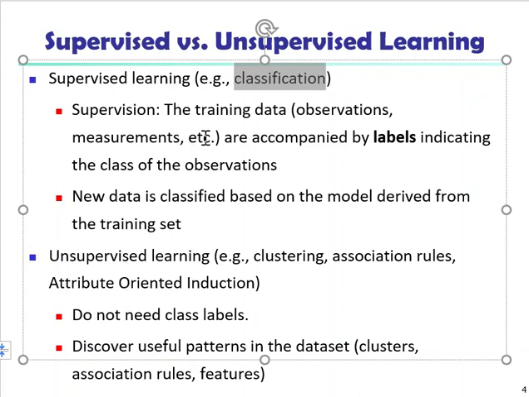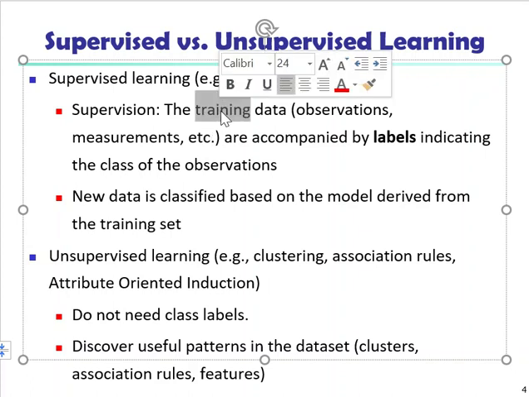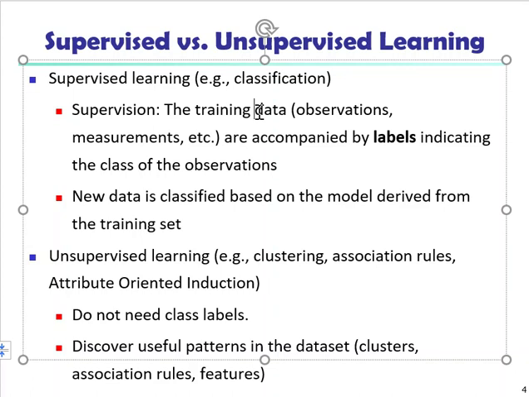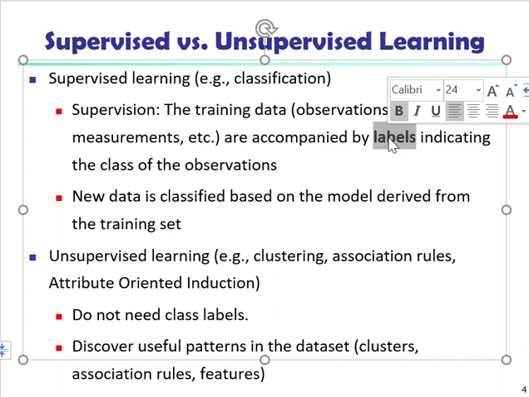So a lot of times in machine learning or data mining, the external information that we provide to a learning algorithm is the training data. So we tell the system whether this data is true or false, whether this piece of observation belongs to this class or that.